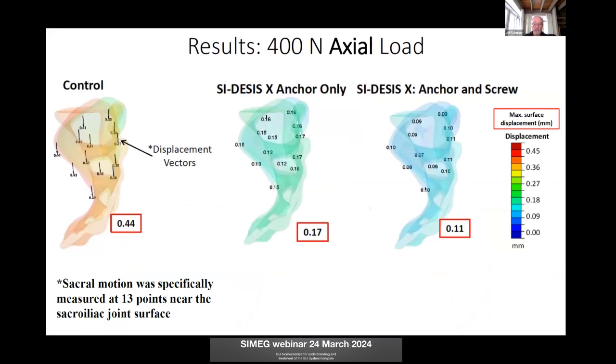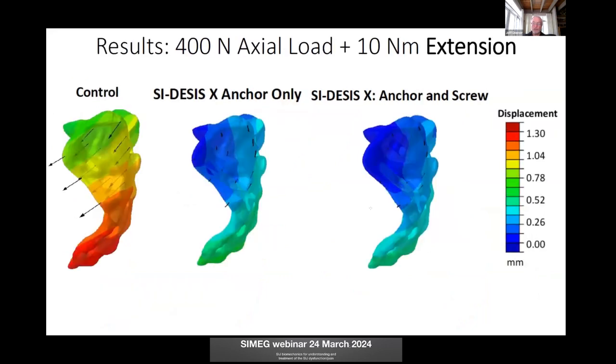And I'm not going to spend a lot of time other than to say these are representing the maximum surface displacements. You can see there's a substantial decrease, more with the implants. Certainly the anchor can help, depending on which specific loading and movement we're looking at. Again, without getting into a lot of details, there's a summary graph at the end, but you see a lot more of the blue color as you move to the right, where you have more fixation.